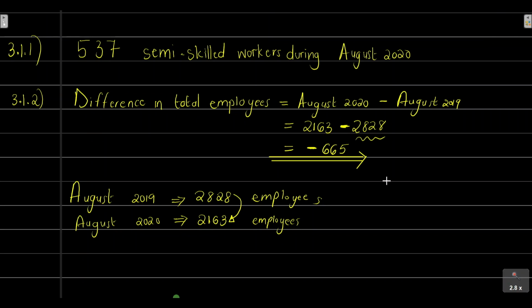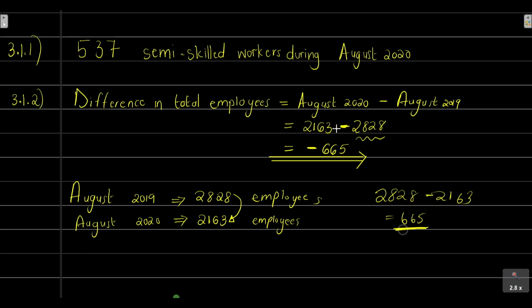Someone might have made the mistake of thinking, if they said from 2019 to 2020, then I'm just going to start with the 2019 value of 2,828 minus the 2020 value of 2,163, and then you punch it into your calculator and you'll get 665.